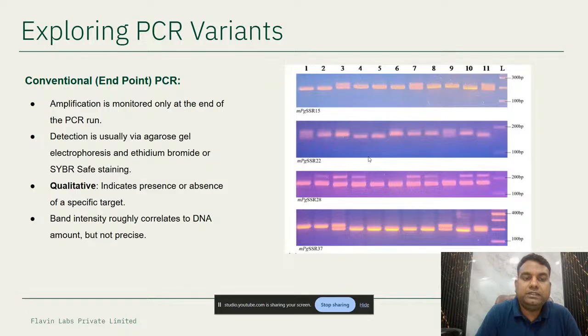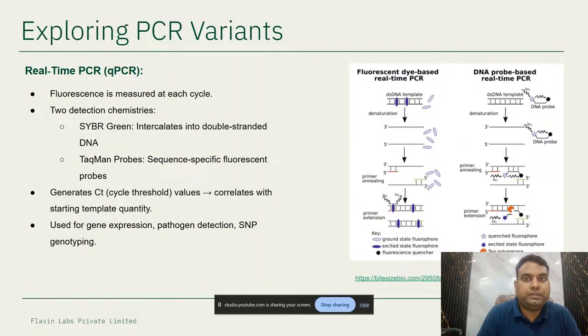On this basis you can correlate the DNA amount or the variation in DNA, but you can't quantify exactly what amount is there or what size is there. You can only approximate everything. So this is conventional PCR.